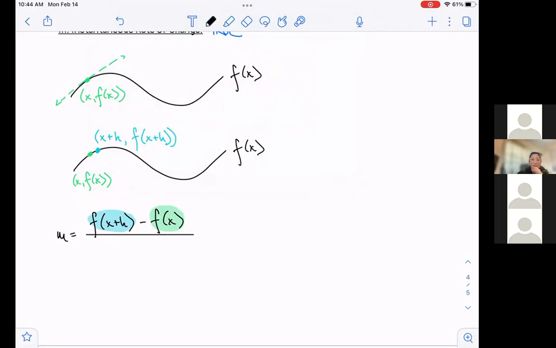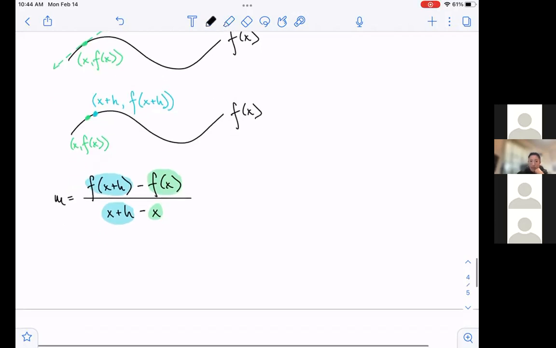What do I put in the bottom? X plus h minus x. So good. X plus h minus x. And this is our x value that goes with the green y value, and this is the x value that goes with the blue y value.